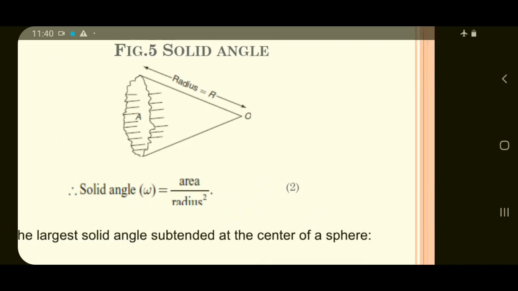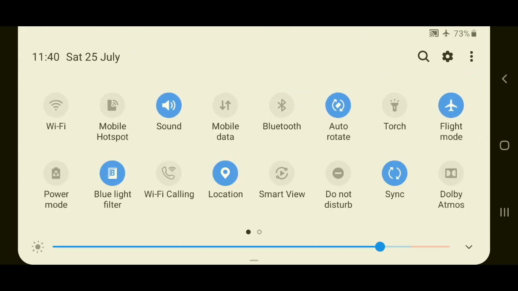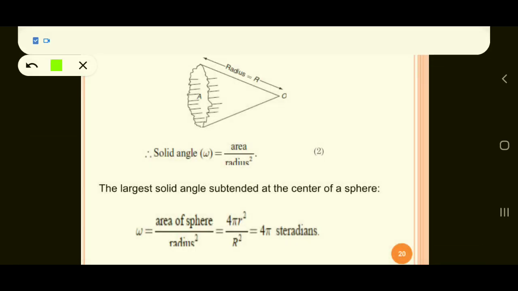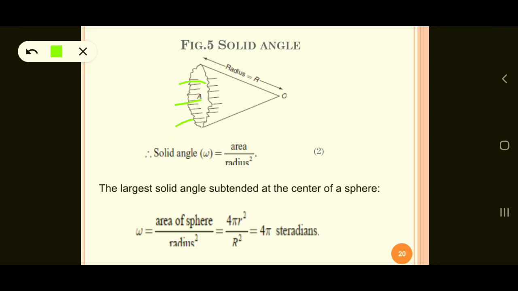Here, the angle, here numerous lines lying on the surface and meeting at that point. So here the solid angle is represented by omega and units are steradian. Omega is equal to area by radius square, which is the formula for solid angle.